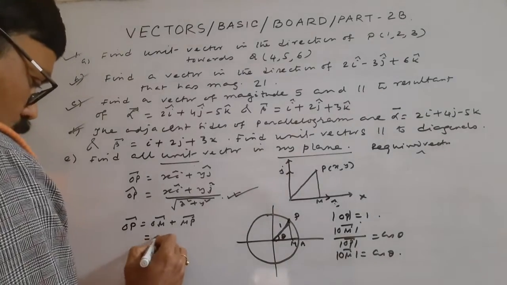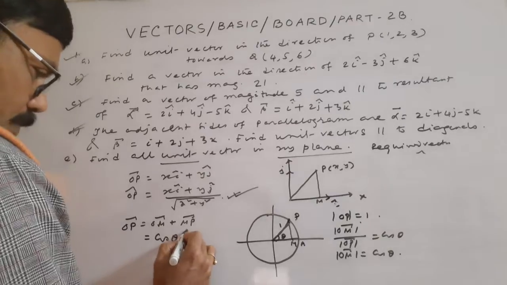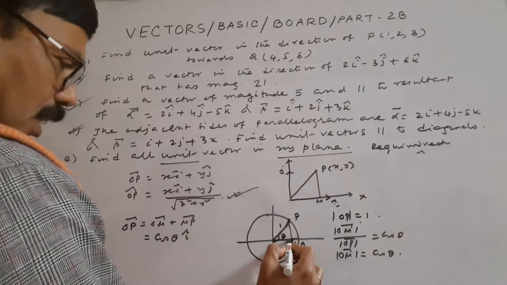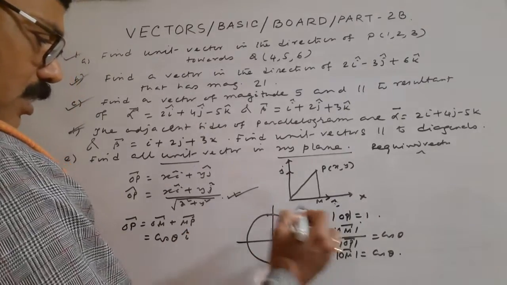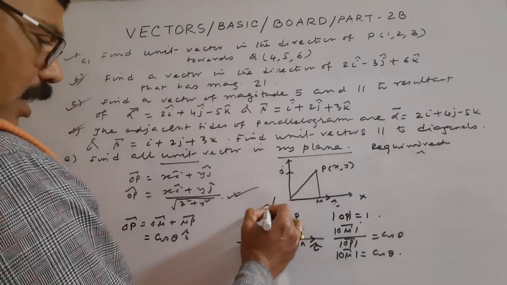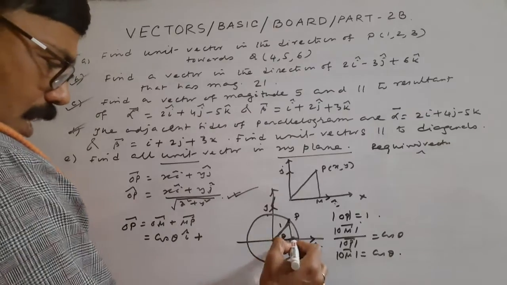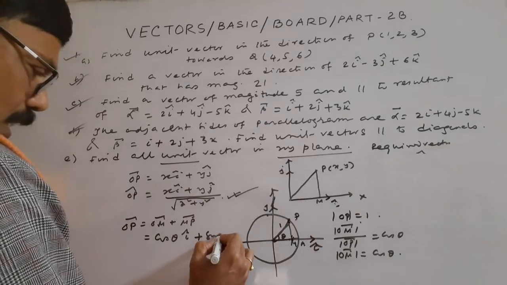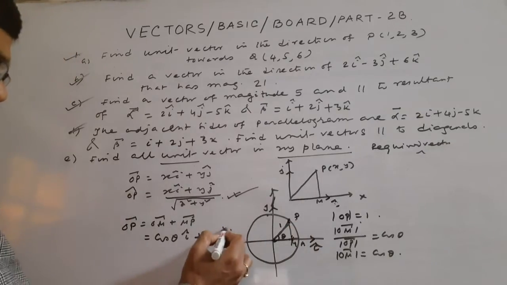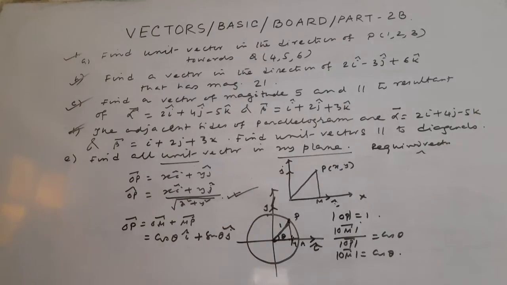So this is cos theta into i cap. The magnitude of OM is cos theta and the unit vector in this direction is i cap. And here it is j cap. Similarly, if you calculate MP, this will be sin theta into j cap. So what is OP cap?